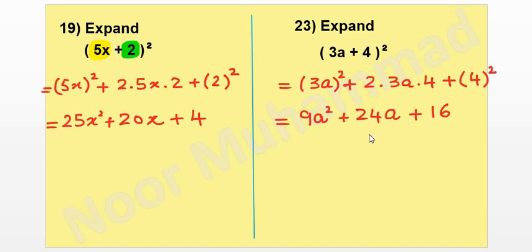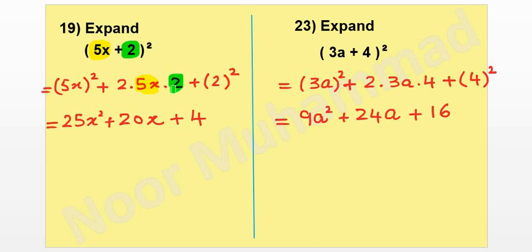So here are the answers for both the questions. As you can see, the first term I have highlighted with the yellow and the second term is highlighted with the green. Okay, so what you have to do, square the first term plus 2 is in the formula, and here is the first term. Then the first and the second terms you have to multiply, right?